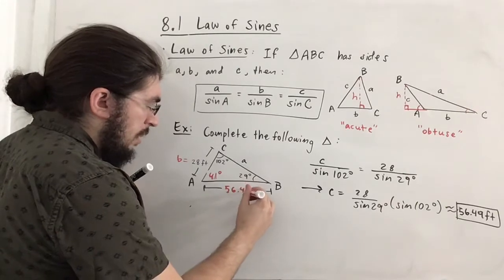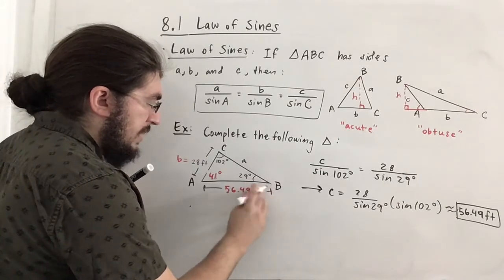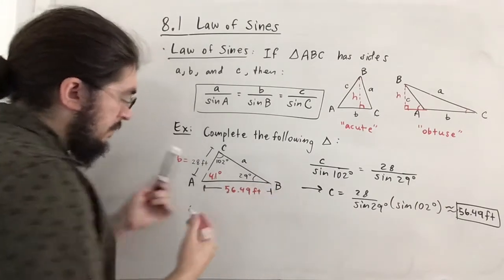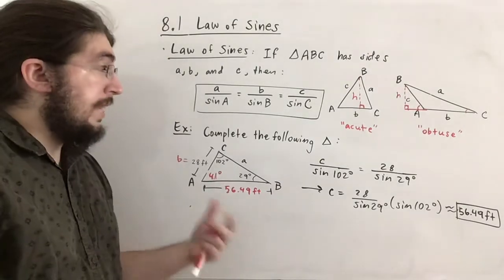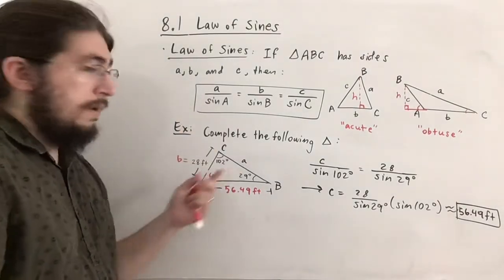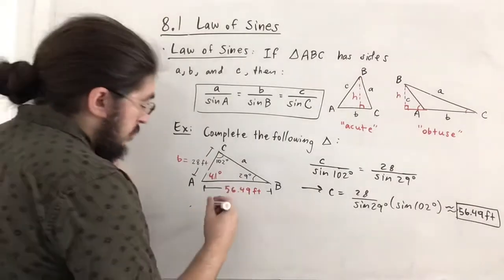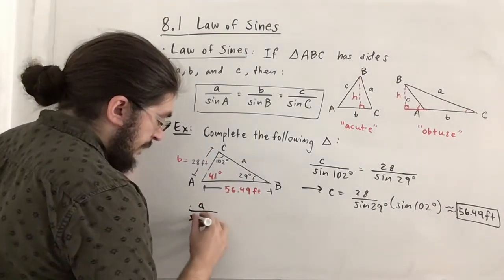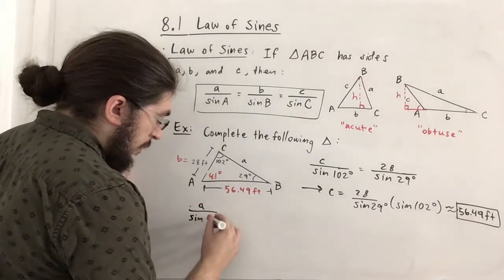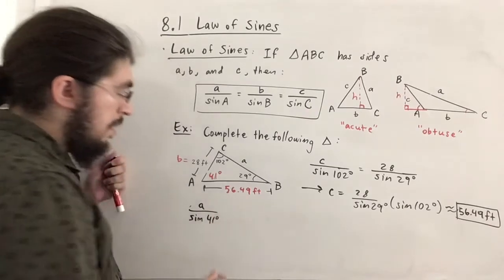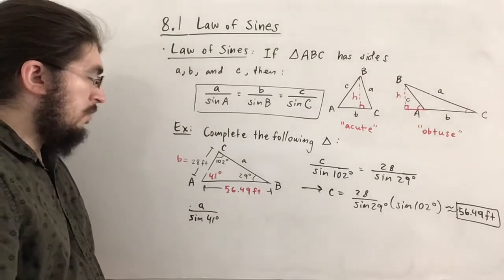Awesome. So now, of course, the only thing we have left to find is A. And A is pretty simple because we're just going to apply again the law of sines, but involving A. So for sure we need A over sine of A, which we know that angle is 49 degrees.